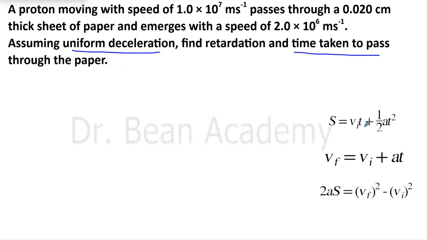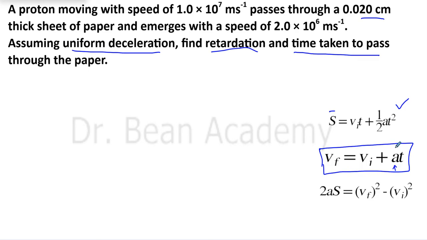I can use the first one because it involves t, which we want to calculate, and the distance, which we already have, 0.02 centimeter, which we have to convert to meters before plugging in. But I will take this equation. It has time, it needs final velocity, initial velocity, and acceleration as well, which we have calculated previously, the retardation.